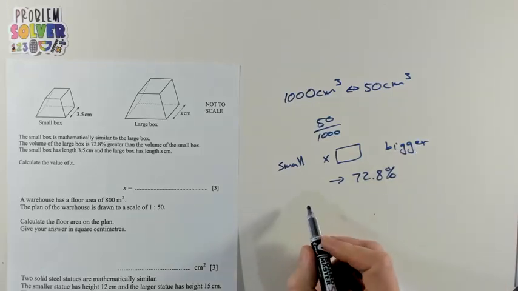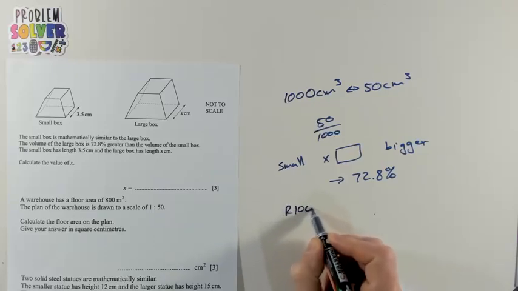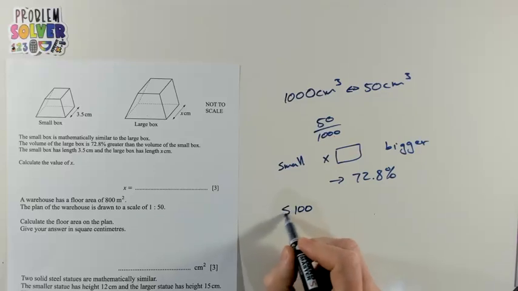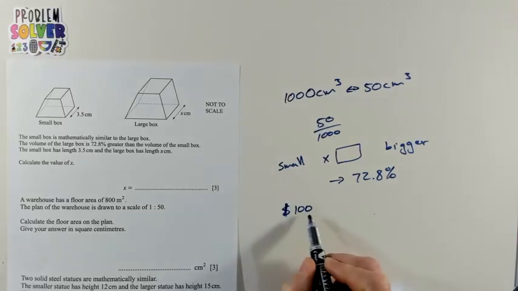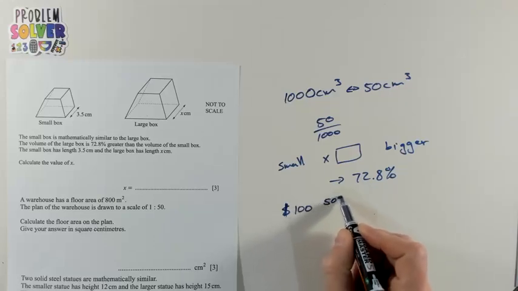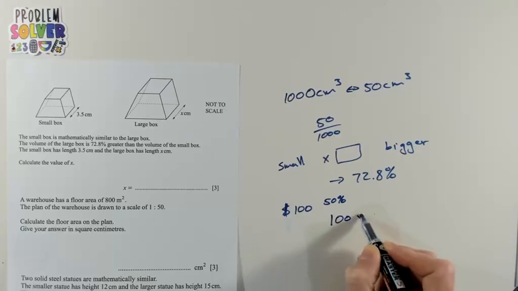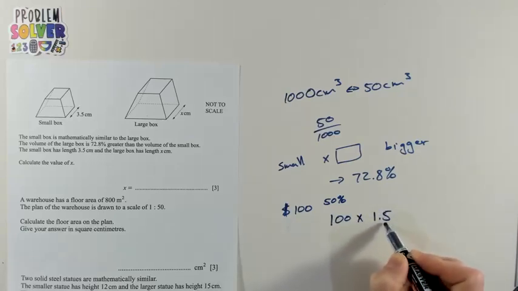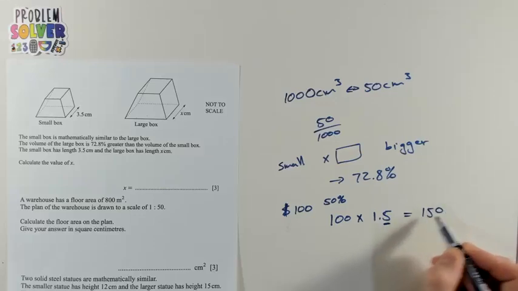If you wanted to increase something by 50%, let's say there was a price of $100, and you want to increase it by 50%, then we can say 100 times 1.5. And this 0.5 will increase it by 50%. So our answer will be 150.